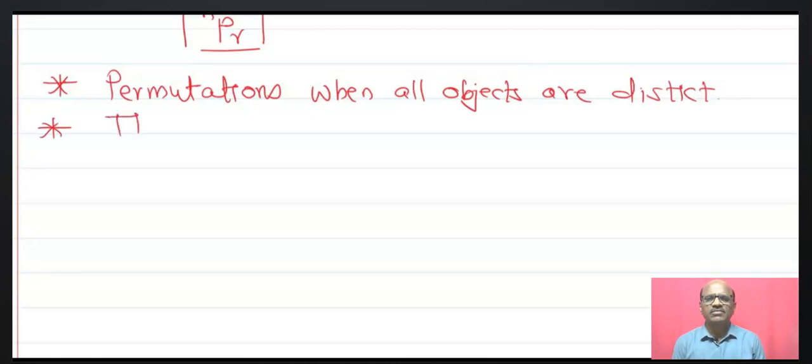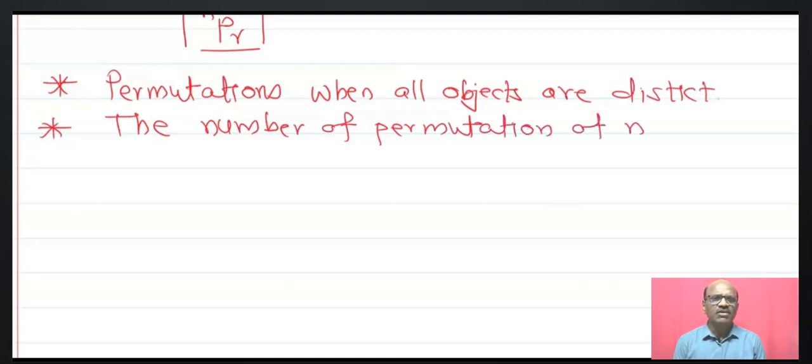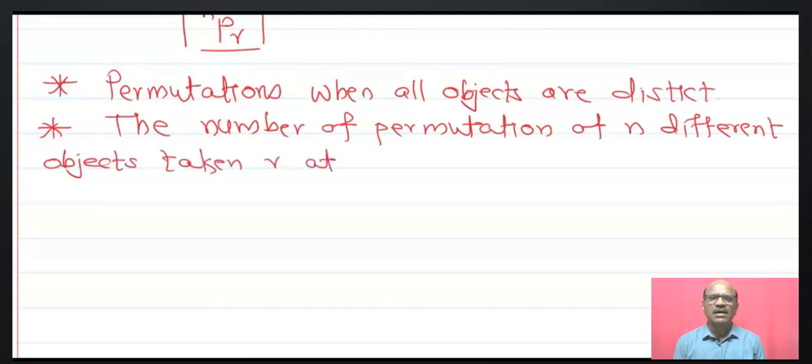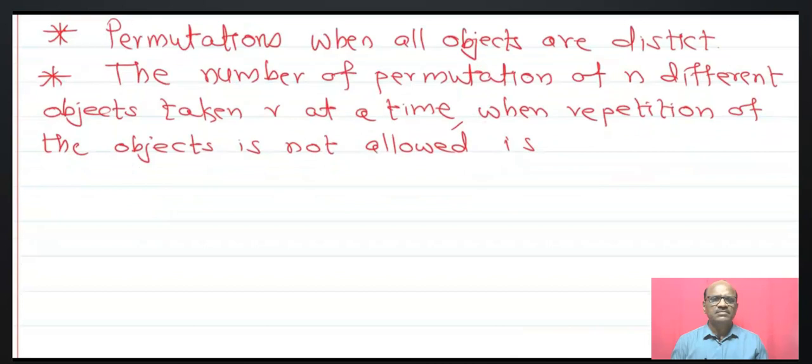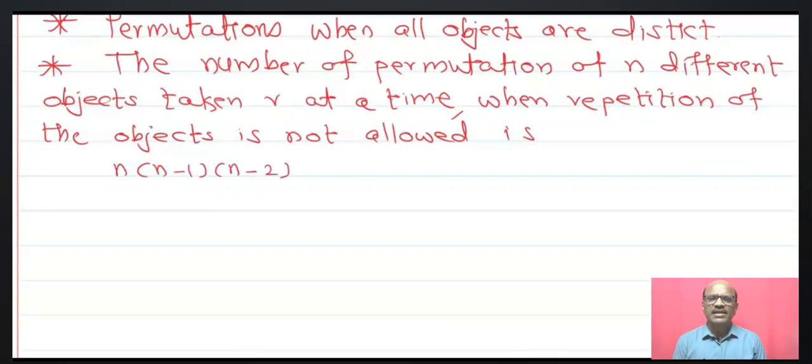When we take objects from a particular set, and all these objects must be different, the number of permutations of n different objects taken r at a time, when repetition of the objects is not allowed, is n into n minus 1 into n minus 2 up to n minus r plus 1.